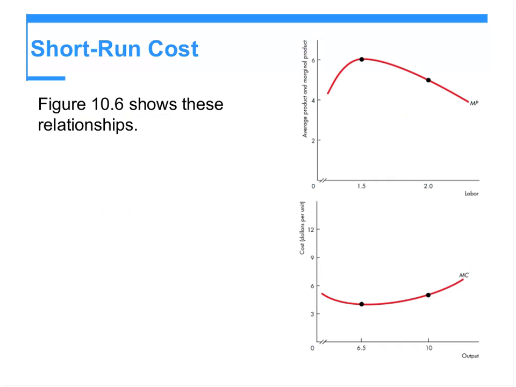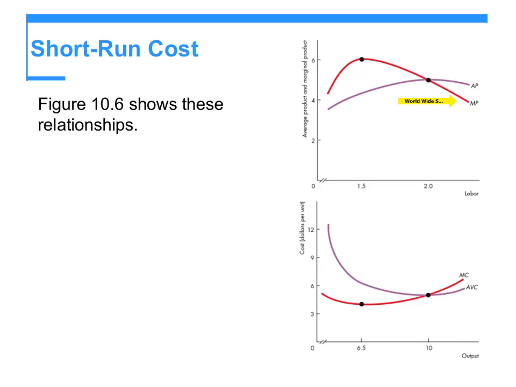The top one, we're talking about marginal product, and here we're talking about marginal cost. When marginal product increases, marginal cost decreases. At the point that marginal product is at maximum, marginal cost is at minimum. The moment that marginal product is decreasing, marginal cost actually increases. So now you can see it's much easier to understand.